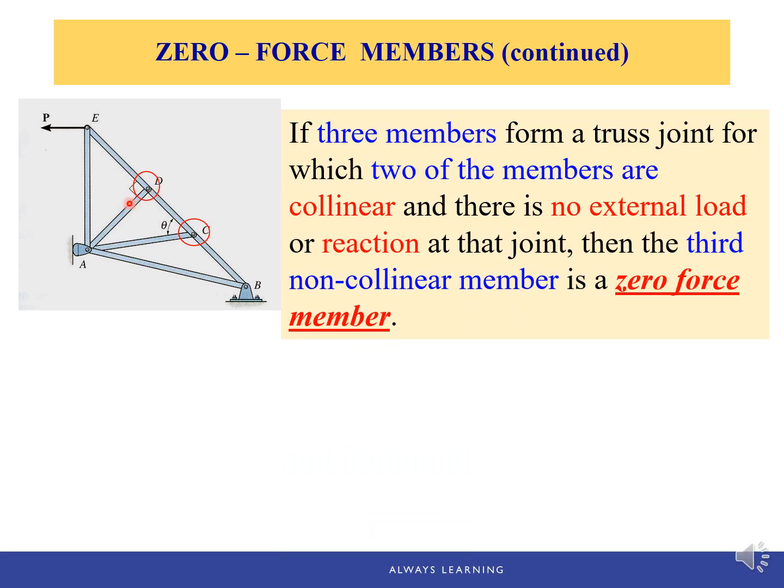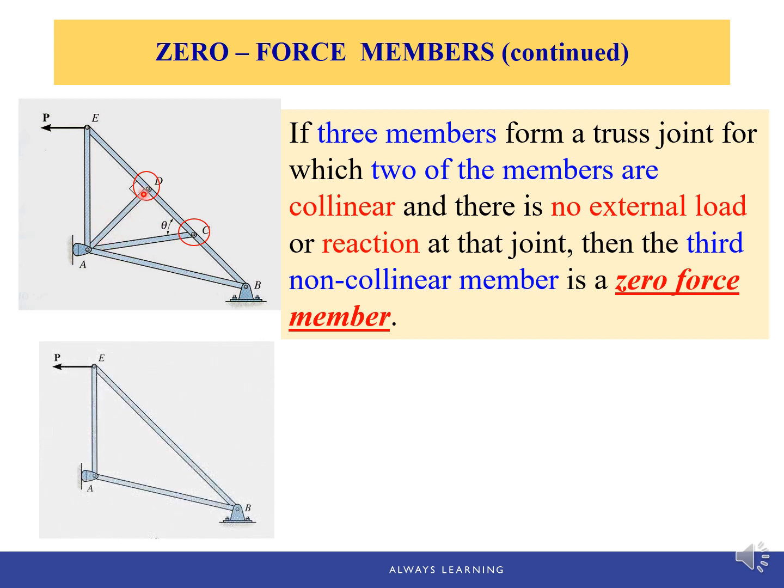If three members form a truss joint for which two of the members are collinear, meaning along the same line, and there is no external load or reaction at that joint, so again, no external force applied at the pin, or no support at the pin, then the third non-collinear member is a zero force member.